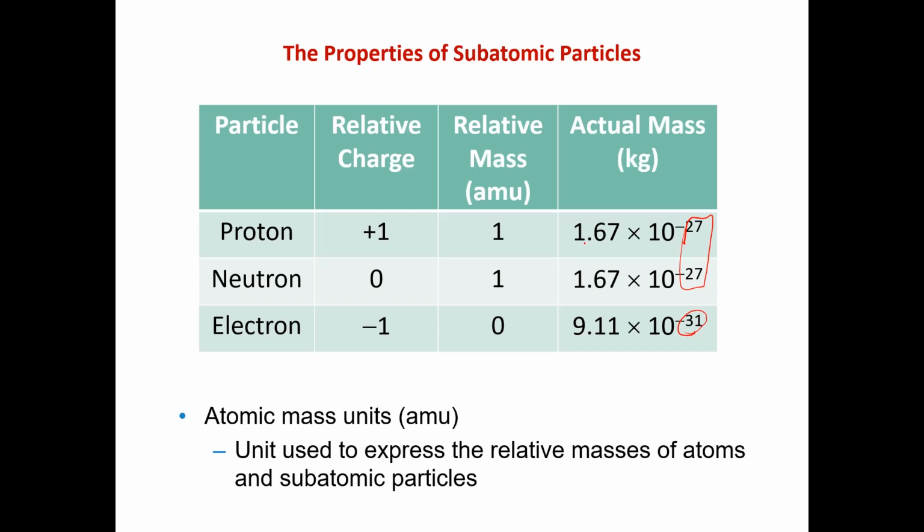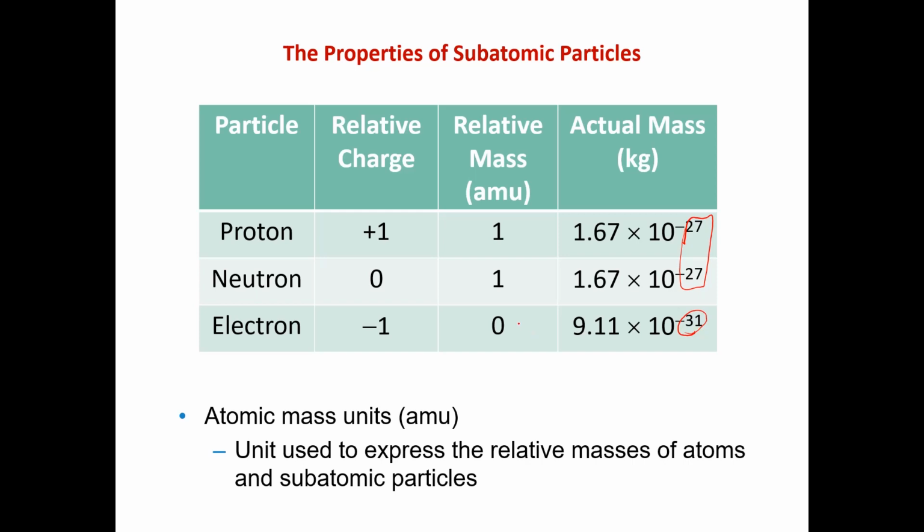So the way we do that is we divide all of these masses by the mass of a proton or the mass of a neutron, since they're the same mass. If you divide 1.67 times 10 to the -27th by itself, you get 1. If you divide 9.11 times 10 to the -31st by 1.67 times 10 to the -27th, we get a number that's so small we can essentially say it's 0.